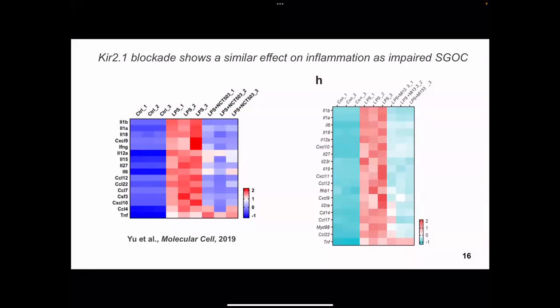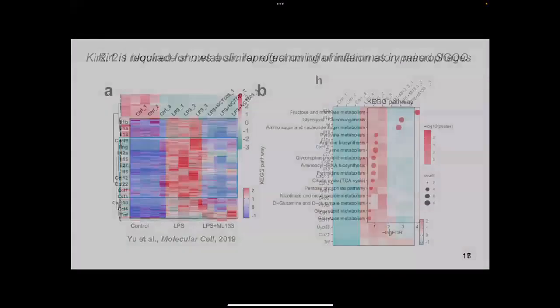So surprisingly, this suppression of this cluster of metabolically responsive genes was perfectly recapitulated by ML133, suggesting that a metabolic mechanism underlies the regulation by KIR2.1 in inflammatory macrophages.